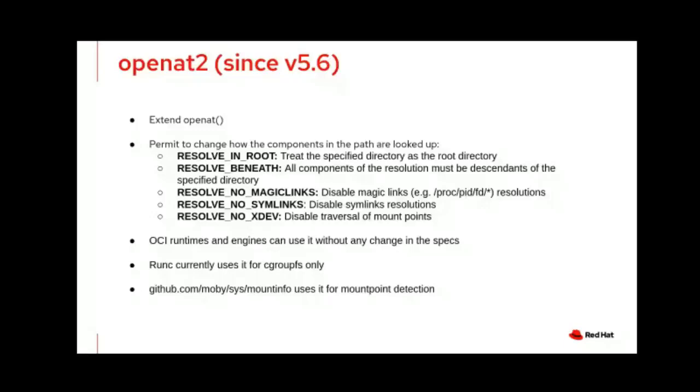Now OCI runtimes can use all these things to make sure whatever we open on behalf of this container is not escaping. Currently, runc uses this for cgroup files to make sure that whatever cgroup files we open all belong to sysfs cgroup.